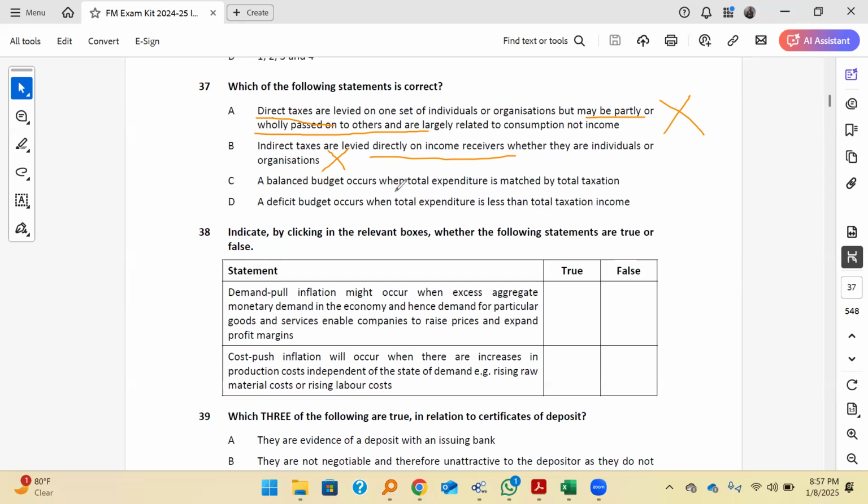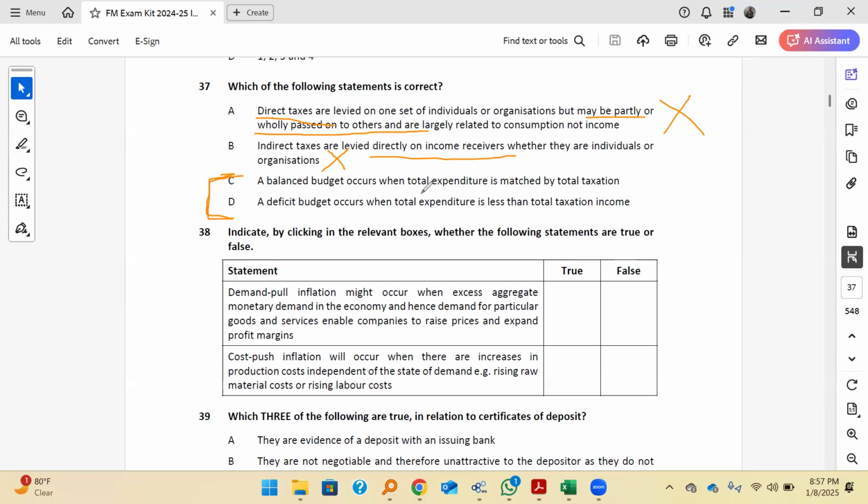Then a balanced budget occurs when total expenditure is matched by total taxation. And then a deficit budget occurs when total expenditure is less than total taxation income. So here we look at these two aspects, and we are looking at a budget. And this budget here looks at government's budget.